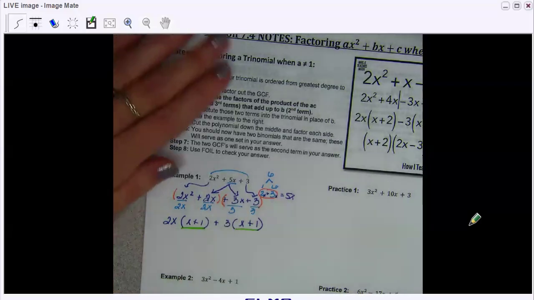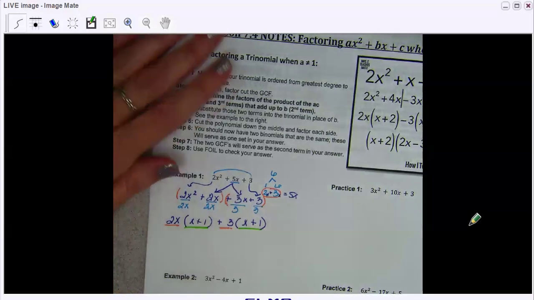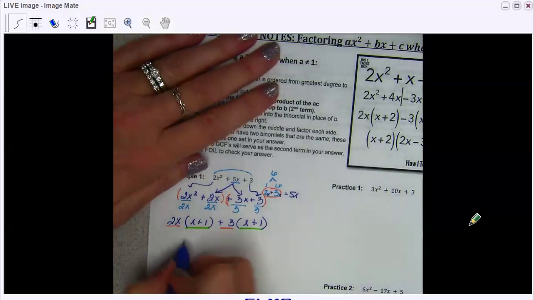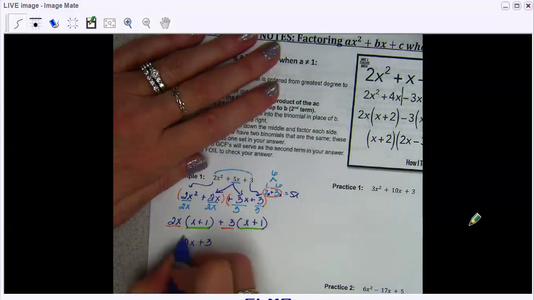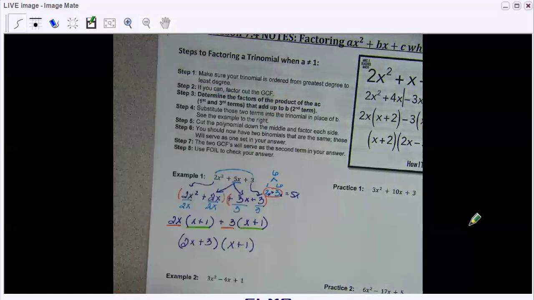All right. And then these 2 right here, 2x plus 3, is a binomial on its own. So our final answer here is 2x plus 3 times x plus 1. Okay.